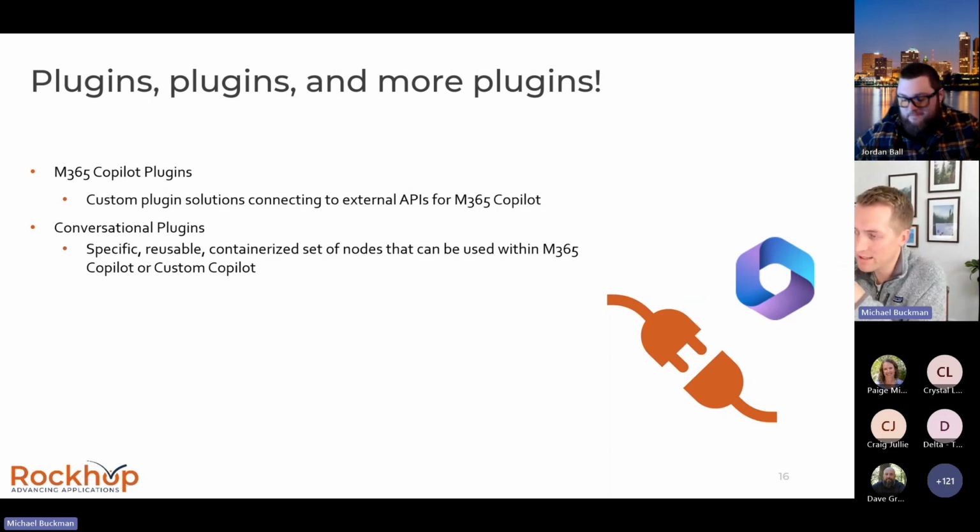We can create custom plugins for the M365 Copilot, and that would be accessing any external APIs or any custom solutions specific to your business that are not included with the out-of-the-box M365 prompts. So you can create custom .NET solutions to actually implement into M365 Copilot.